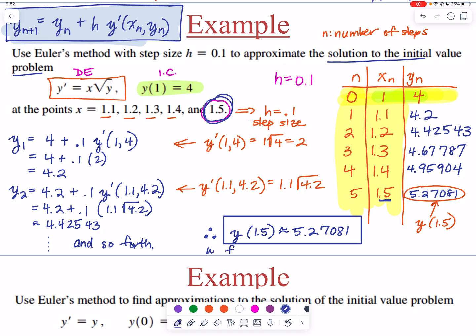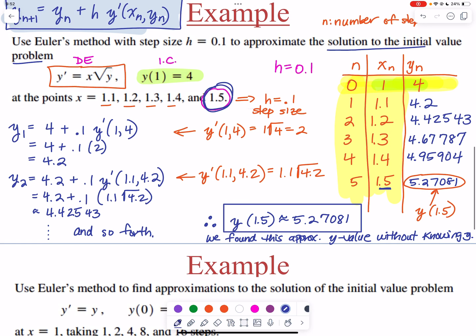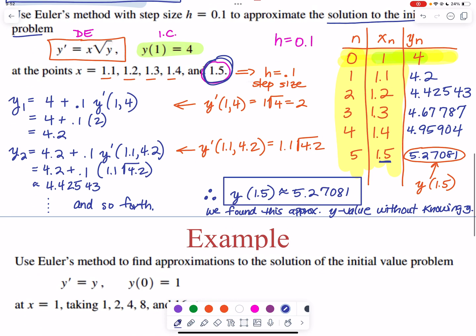We found this approximate y value without knowing y. So it's pretty interesting.